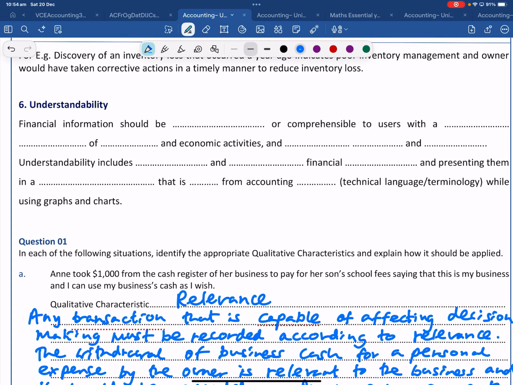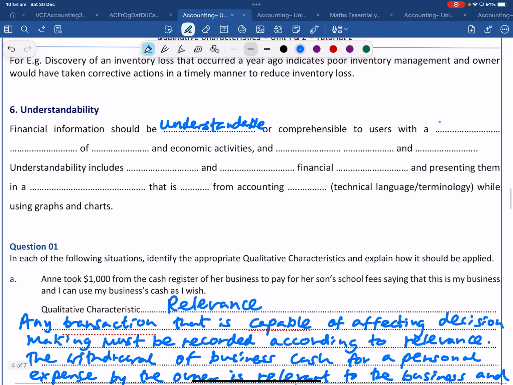Financial information should be understandable or comprehensible to users with a reasonable knowledge of business and economic activities, and presented clearly and concisely.